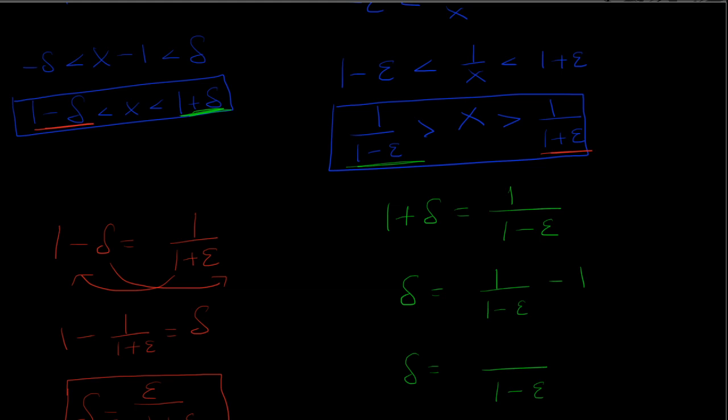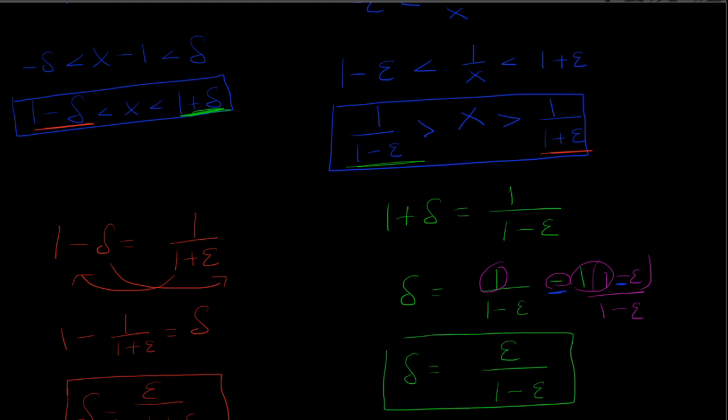And here we can write 1 minus epsilon over 1 minus epsilon. So it'll be 1 minus 1, so that's 0. And then the negative epsilon will just make it positive epsilon. That'll be delta equals epsilon over 1 minus epsilon.